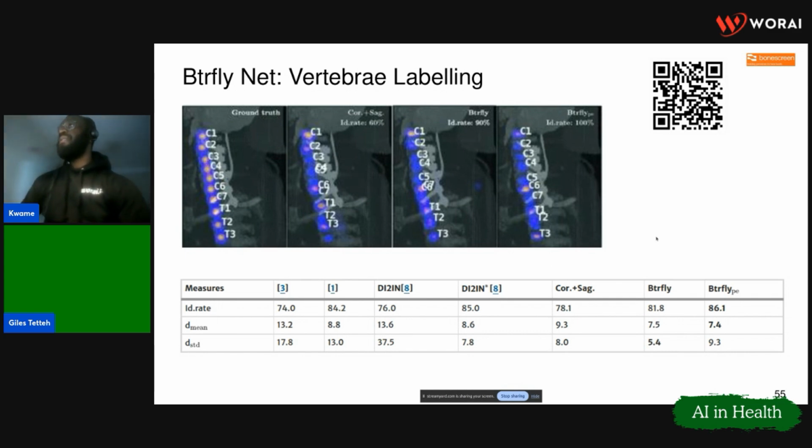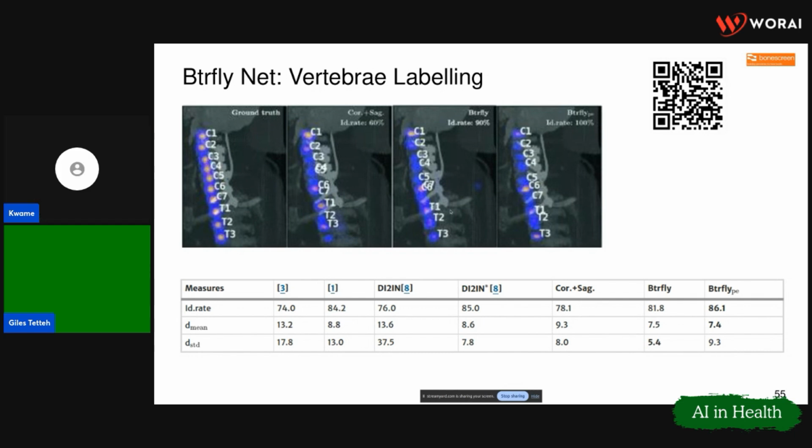Okay. So this is, for example, the ground truth, and then these are different predictions from the data, and then this, for example, is butterfly net with certain variance, and this is another butterfly net. And then at the end, we have different metrics somebody was asking about.